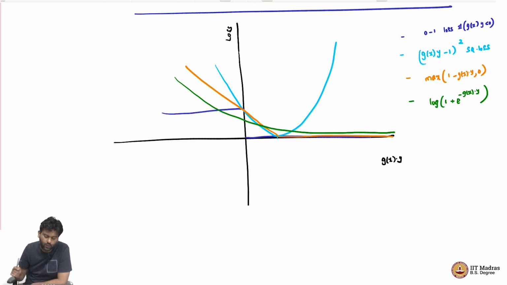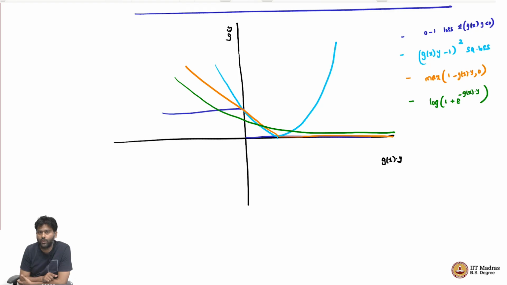It never becomes 0, because log of 1 plus something is never going to be 0, since it's e power something. But it keeps getting lower and lower as g of x into y increases.